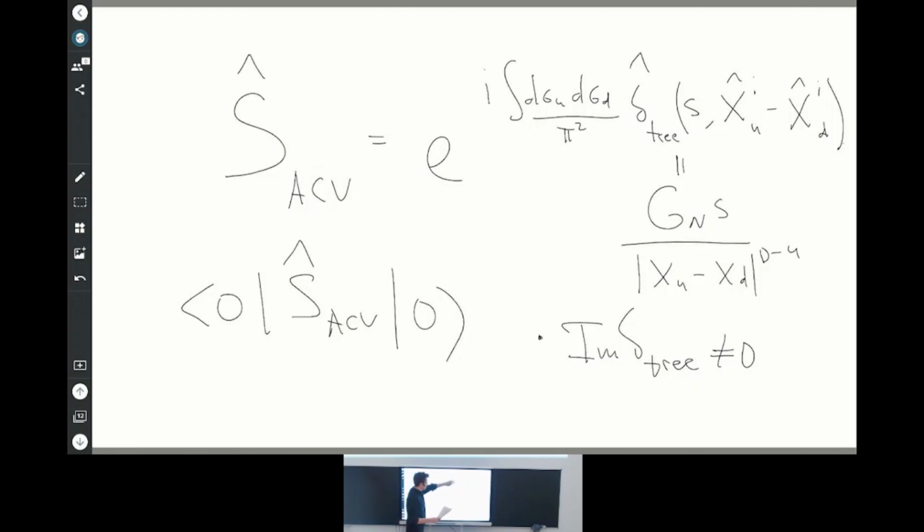And you can rewrite this operator, where delta tree is what we did in the first part. It's a Fourier transform of a Regge limit of a tree-level amplitude. And this operator becomes a unitary operator in this extended Hilbert space, which is supposed to signify this production of S channel strings.